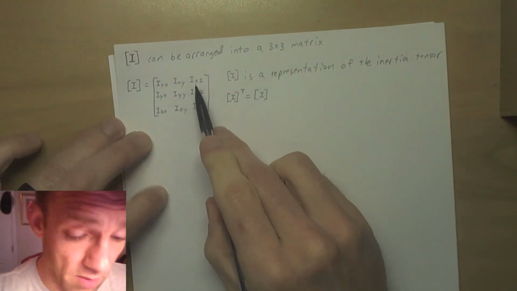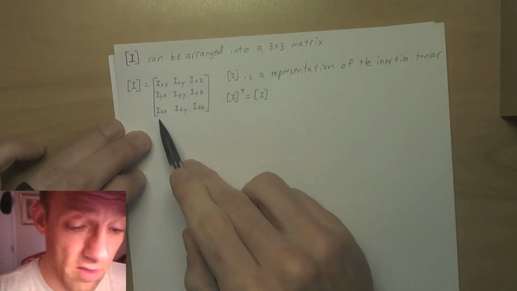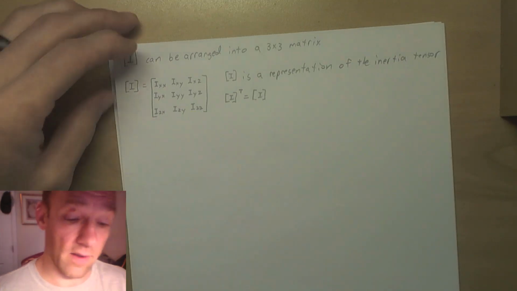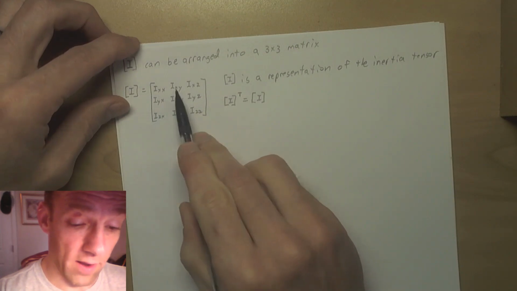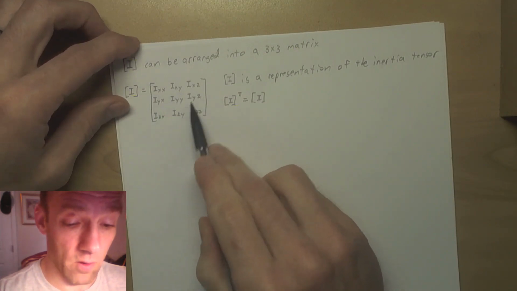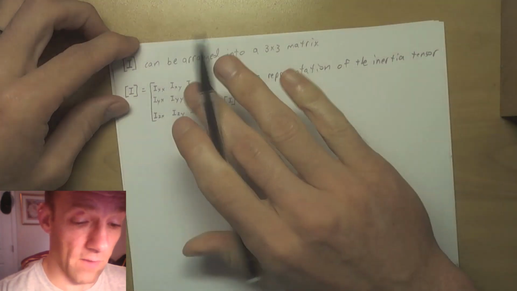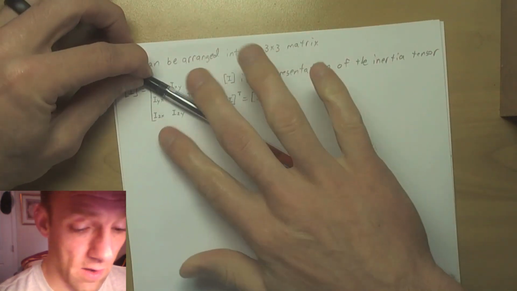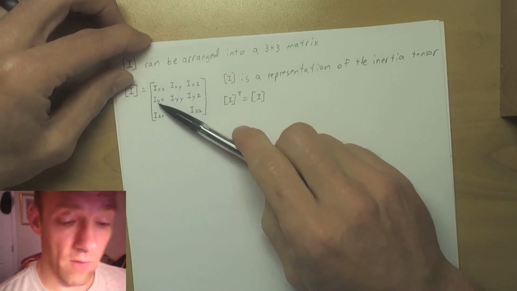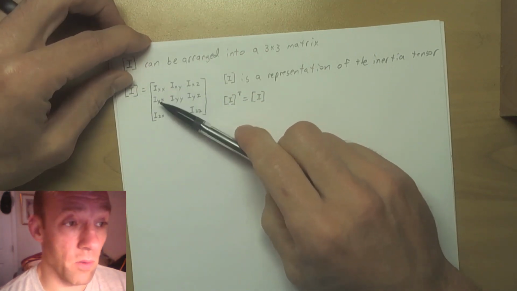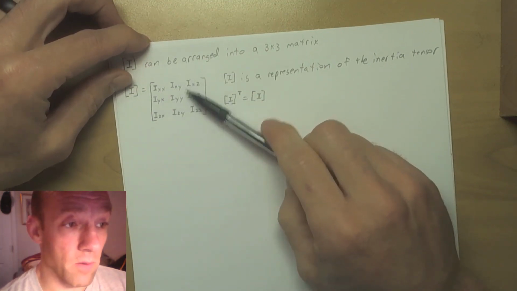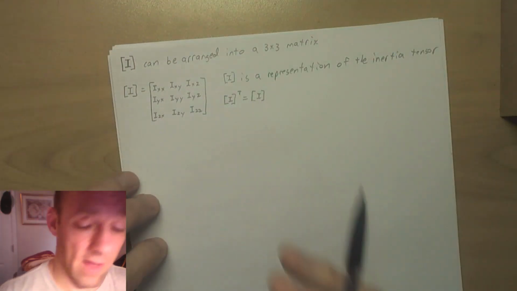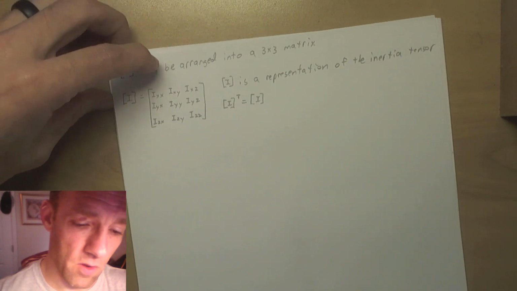So what I'm saying here is that Ixz has the same value as Izx, and likewise for Yx and Xy. If I flip these around the main diagonal, if I swap these two, and then swap these two, and then swap these two, you wind up with the same matrix. And that's easily seen from the discussion we just had.